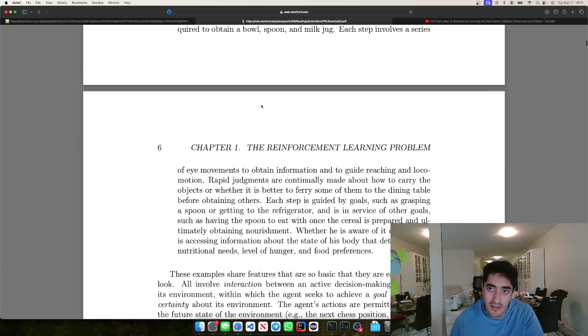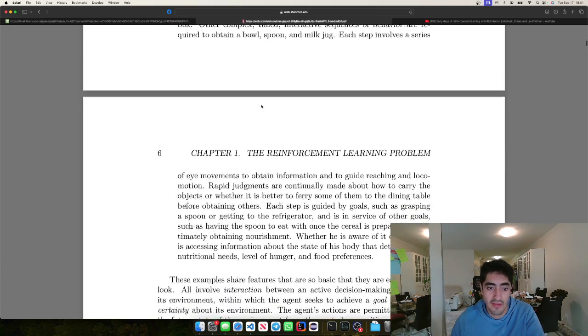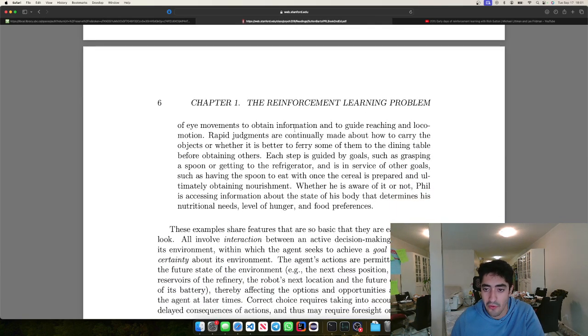Each step involves a series of eye movements to obtain information and to guide reaching and locomotion. Rapid judgments are continually made about how to carry the objects or whether it is better to ferry some of them to the dining table before obtaining others.